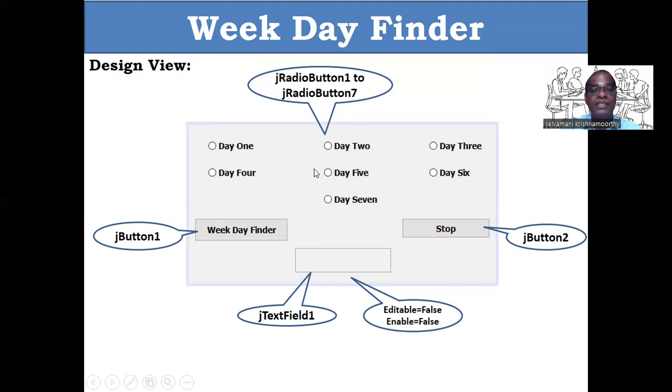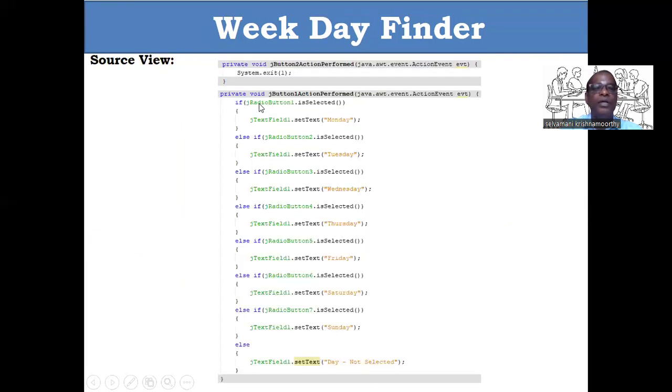What will happen if I select day 2? All are in the same button group. That means the previously selected day 1 will be deselected. Now I select day 2, automatically day 1 will be deselected. So radio button 1 dot isSelected returns false.